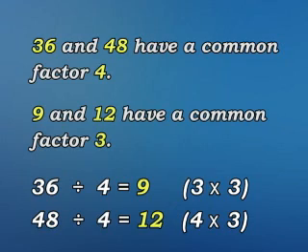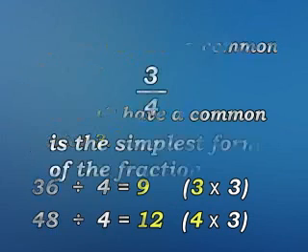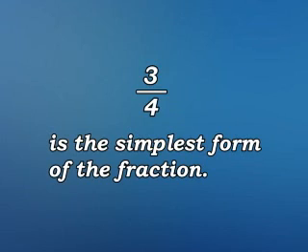So now we have 3 and we have 4. Do they have a common factor? No. We cannot divide 3 and 4 by the same factor. So you can say 3/4 is the simplest form of the fraction.